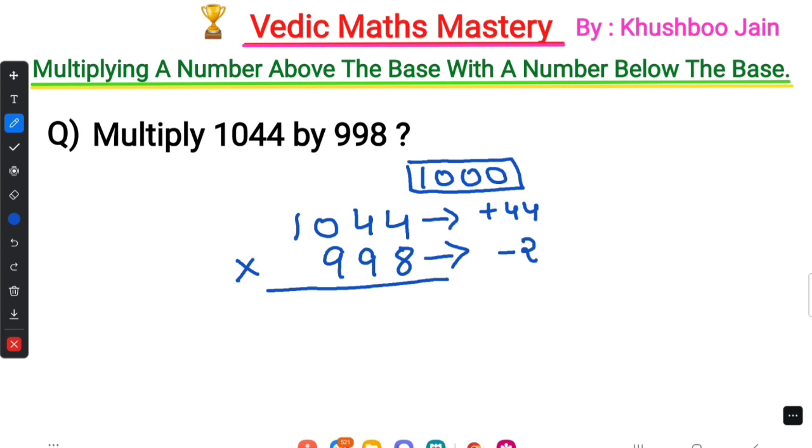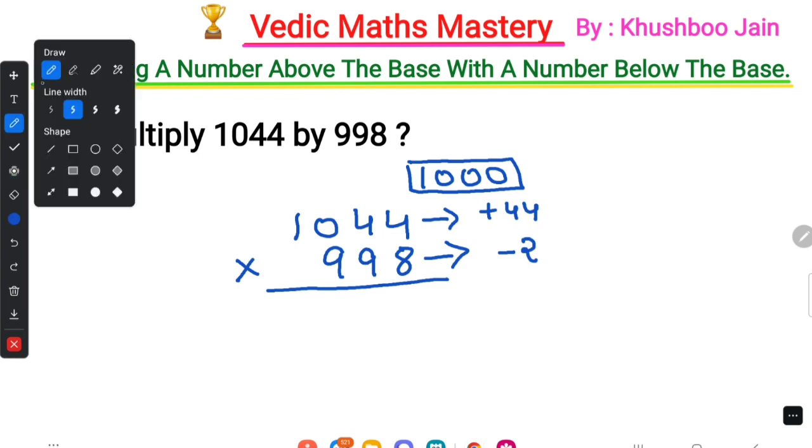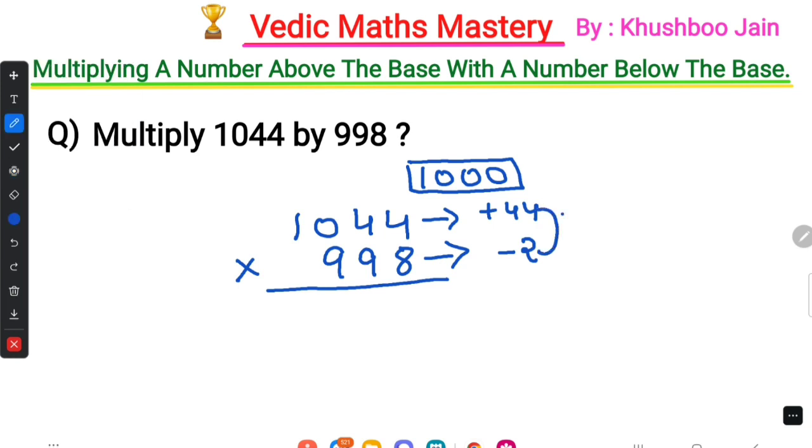Now the next step says we have to find the product of 44 and minus 2. Product means multiplication. So the multiplication of 44 and minus 2 gives minus 88. But there is one thing which you may not have noticed. In the base there are three digits, so we have to put three dashes.